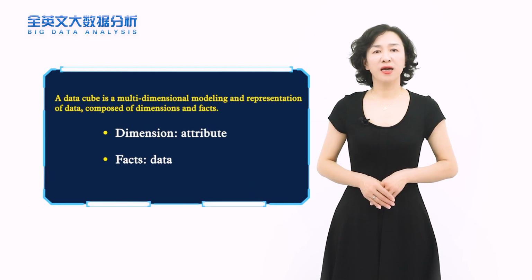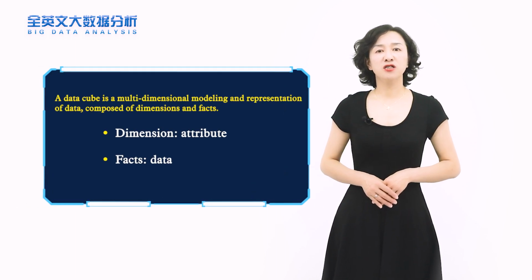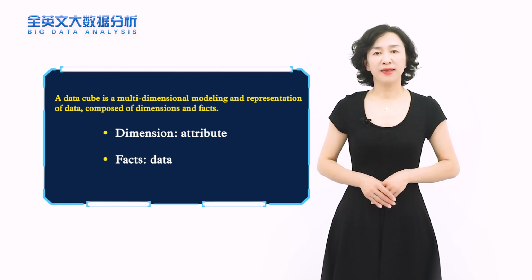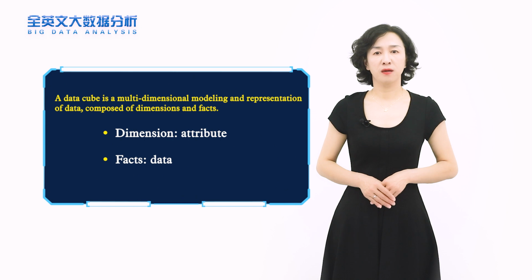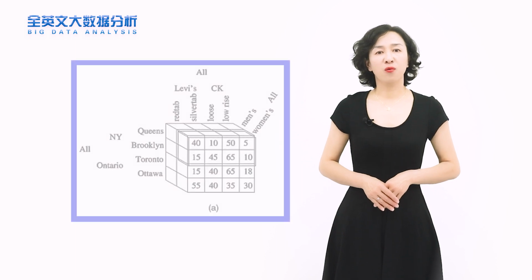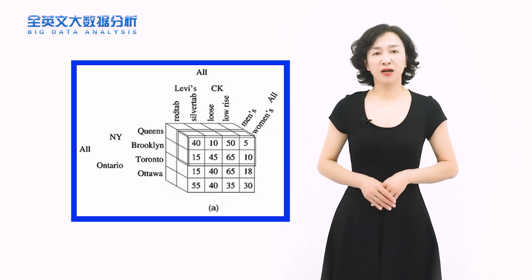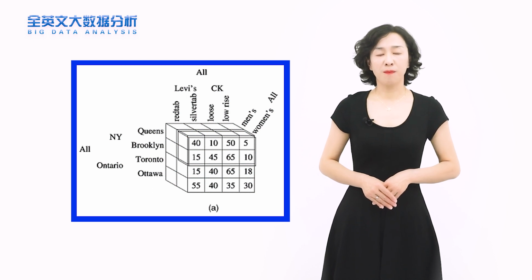Data cube aggregation is defined as gathering an n-dimensional data cube into an n-1 dimensional data cube. We can use data cube aggregates for approximate queries. In the diagram, a 3-dimension data cube is aggregated into 2 dimensions. The man and woman's sales amounts are aggregated together.